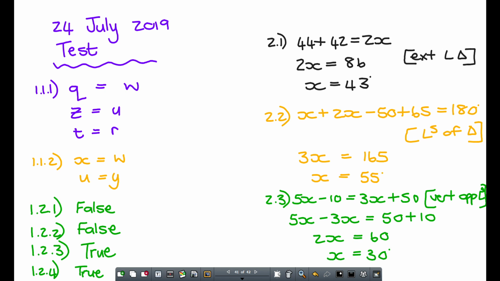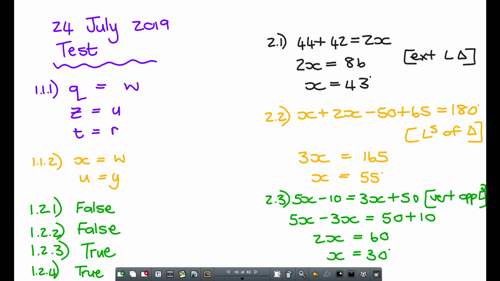Right, so we are busy with chapter 14. What we're going to do is revise a few area and perimeter formulas and what happens to the units.